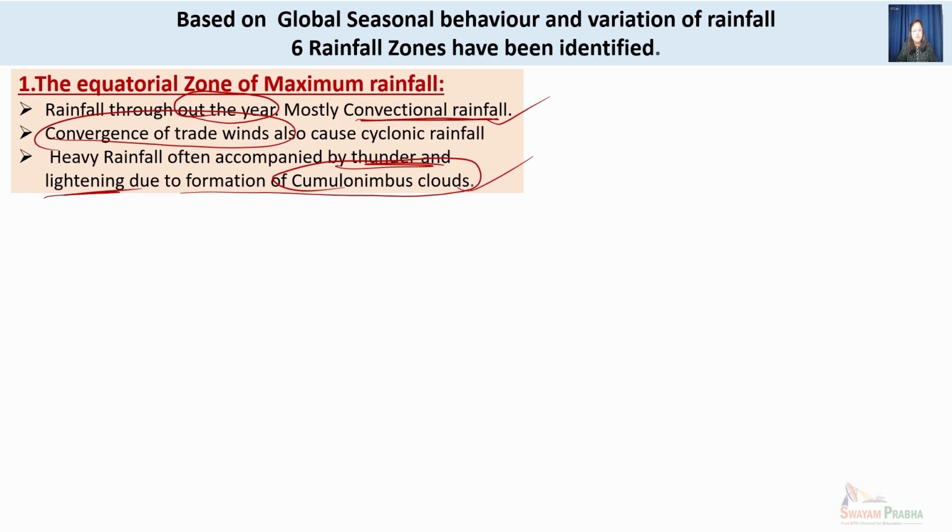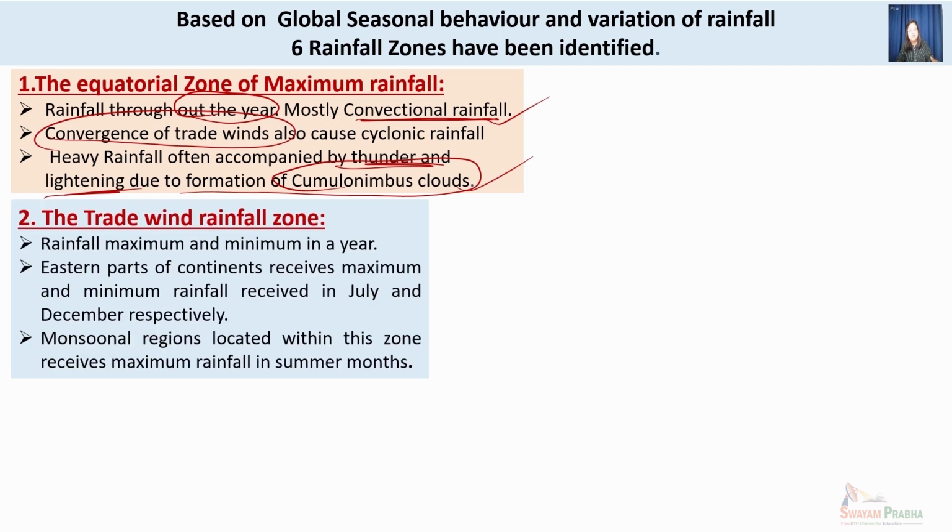But it is also of short duration, and the sky after some time gets cleared and becomes cloudless in the evening hours. So the equatorial zone of maximum rainfall receives very high rainfall throughout the year, which is mostly convectional.